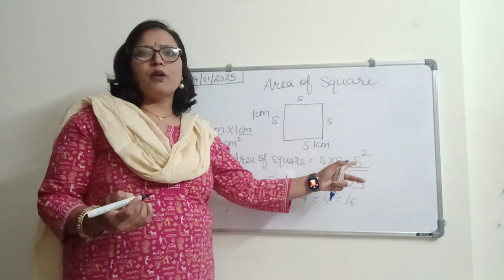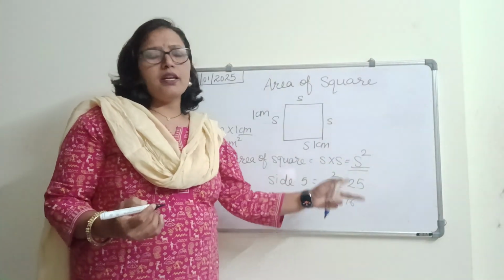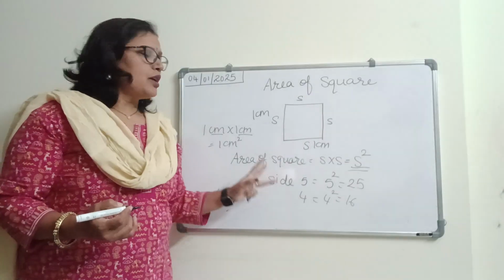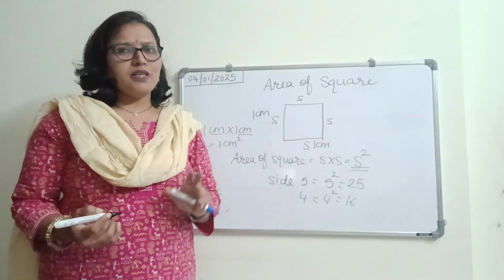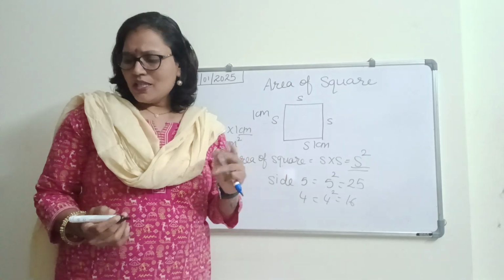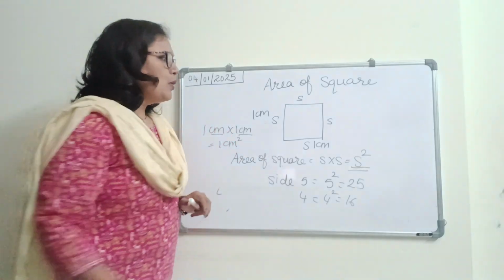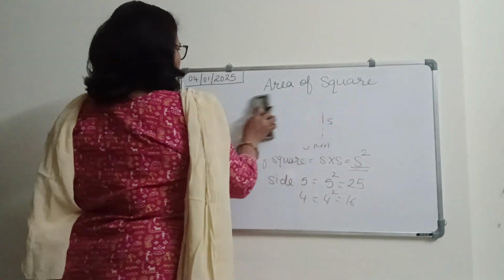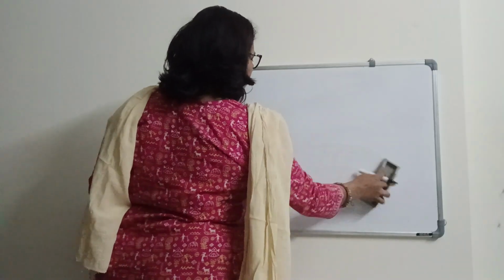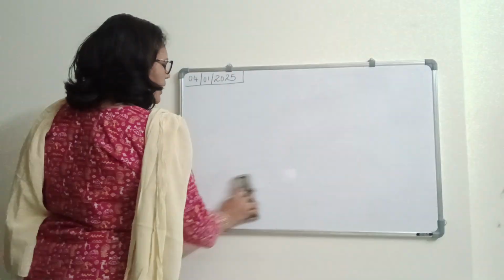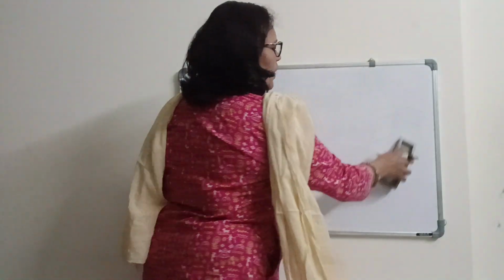Side square is the formula to find the area of the square. Hope you understand how to find the area of the square. Now let's move on to the problems, how to solve problems based on the area of the rectangle and the area of the square.